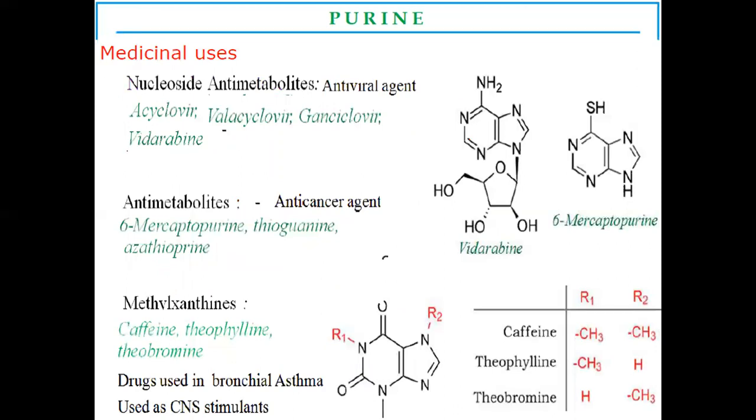The next part is medicinal use of drugs containing purine as a heterocyclic moiety. For example, vidarabine is an anti-cancer drug, a vinca alkaloid.